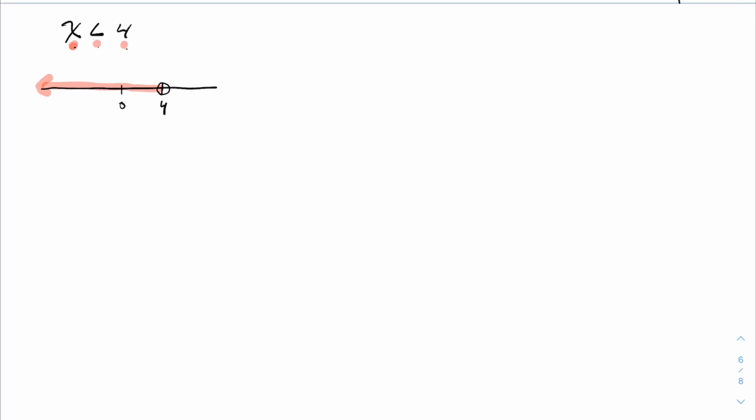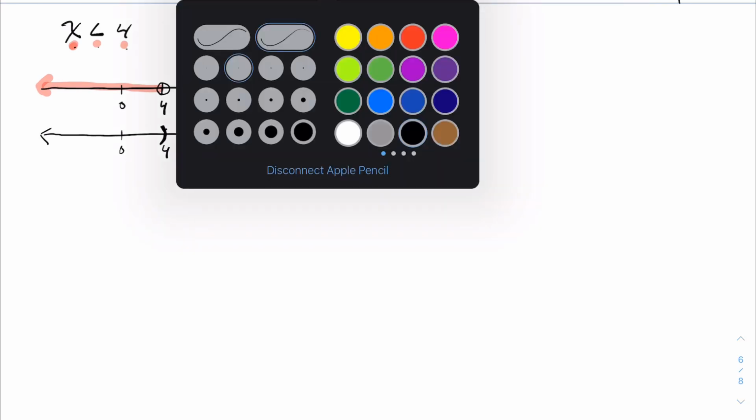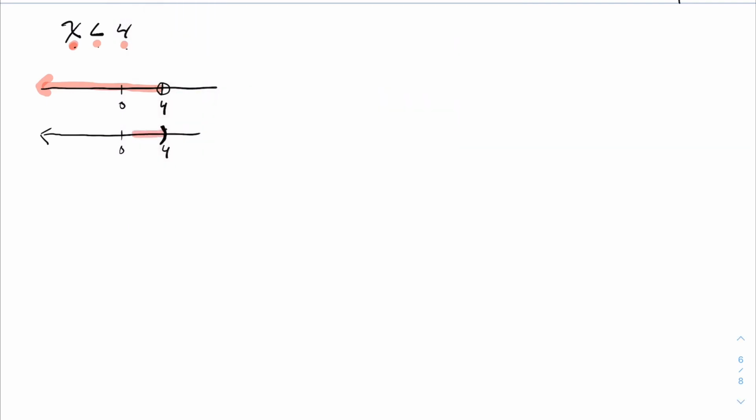But now we tend to like to use brackets and parentheses. If we do not want to include 4, we could use a parenthesis. A parenthesis means not including that endpoint, or non-inclusive. So those two notations mean the same thing.